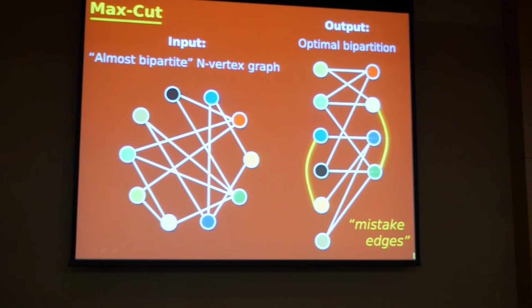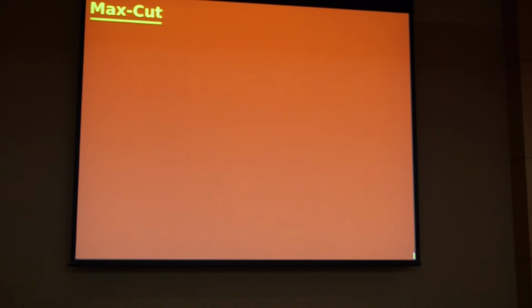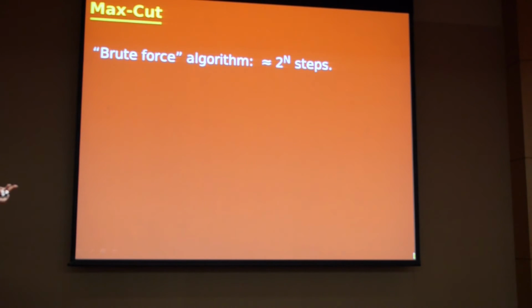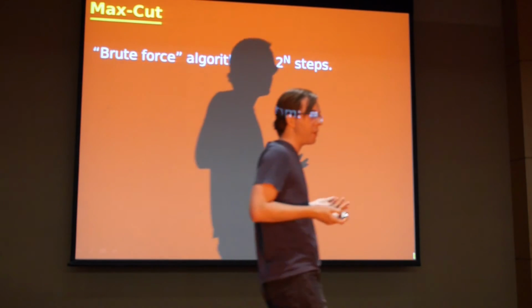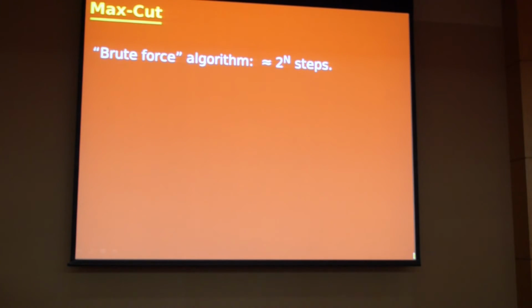This is the sort of simplest example of a constraint satisfaction problem, really, if you saw Andrei Bulatov's talk. So what do we know about this problem? Well, we want to solve it by a computer algorithm. The simplest possible algorithm is just enumerate all bipartitions, of which there are 2 to the n, and then pick the one with the fewest mistake edges. Well, that works, but it takes about 2 to the n steps or more, and so you cannot even run it on a graph with like 40 vertices.